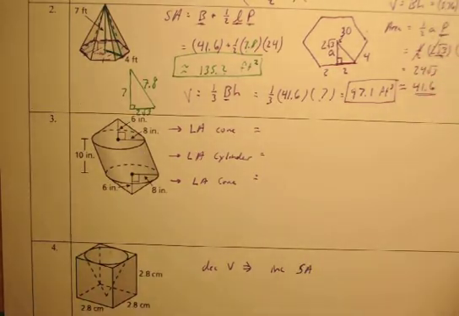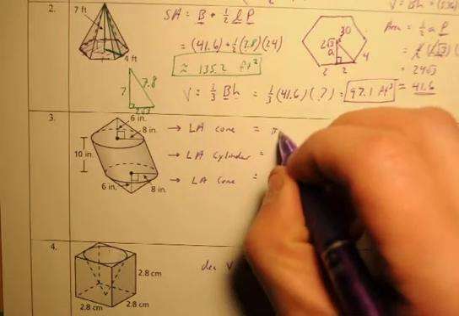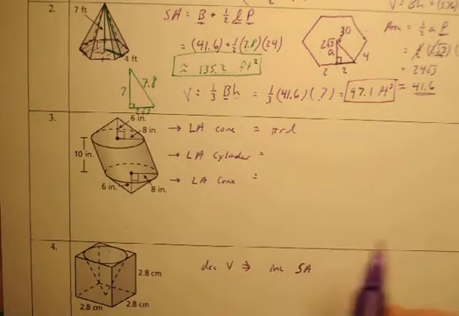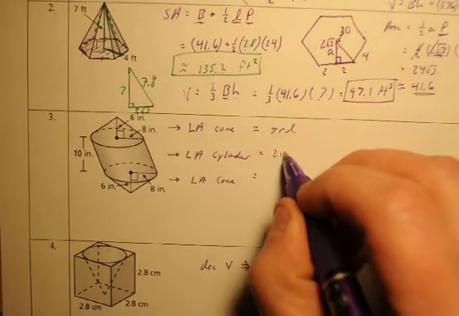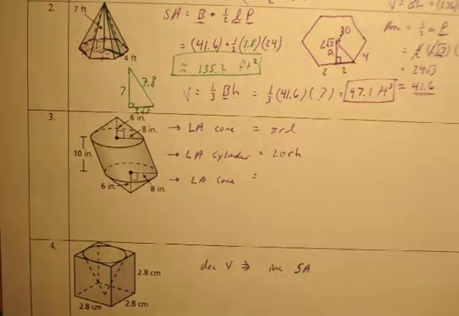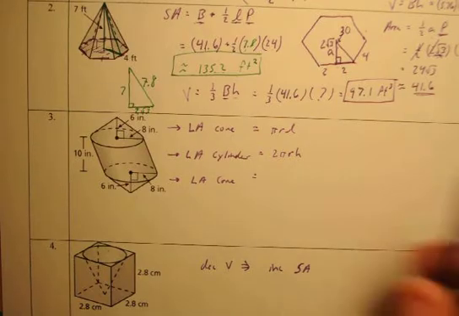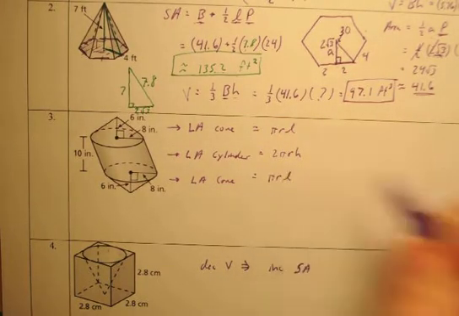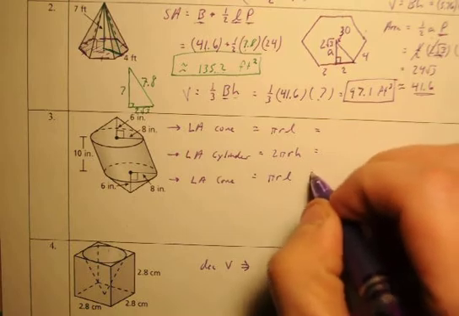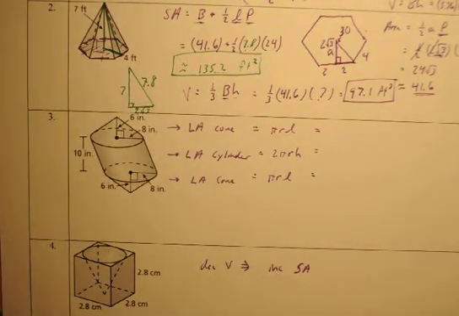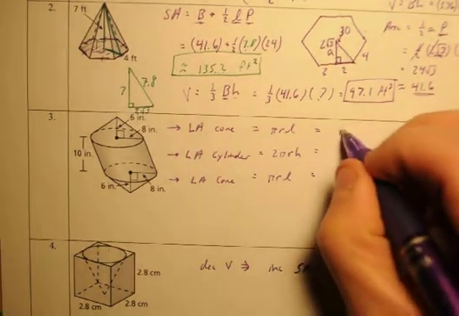Alright, so lateral area of a cone is pi RL. The lateral area of a cylinder is 2 pi RH, and the lateral area again of a cone is pi RL. Pretty sure we got most of this given to us.